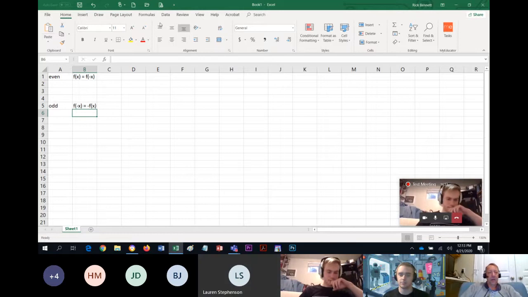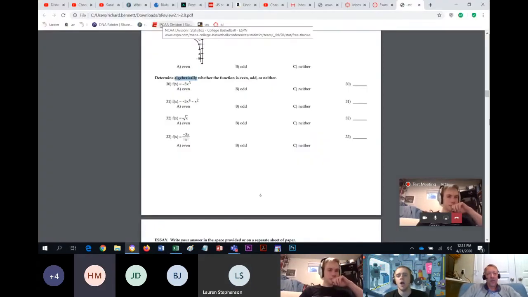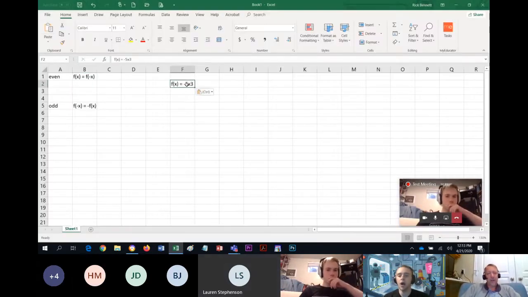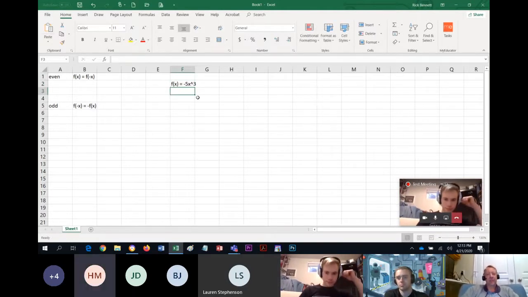Okay. Now, let's take this first one here. f of x. That's x to the third power. If you were to guess if this was even or odd, which one would you guess first? Odd.